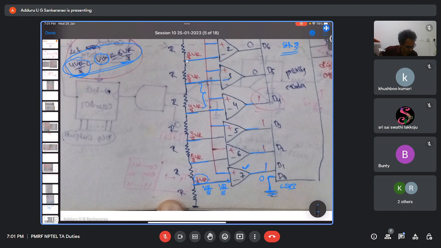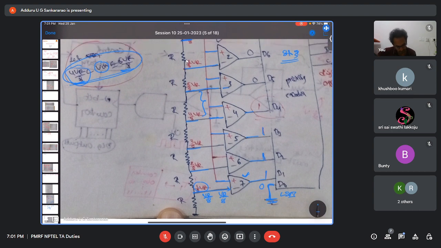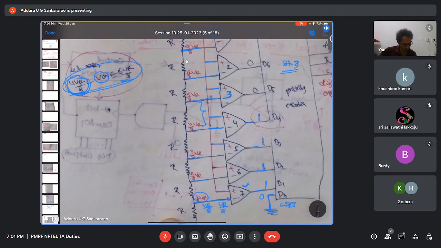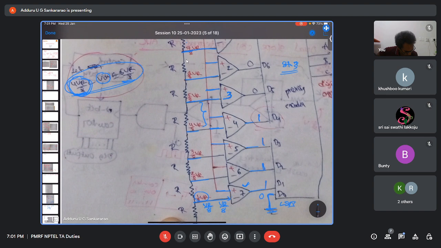Similarly, for the second one, the output is also 1. Third one also 1, and fourth one also 1, because we are giving an input greater than 4 VR by 8. Now, the output of the fifth, this third comparator, you can say. Anyway, the numbering may have been given differently, that is okay. For this one, you see, what is the input at the inverting terminal for that comparator?